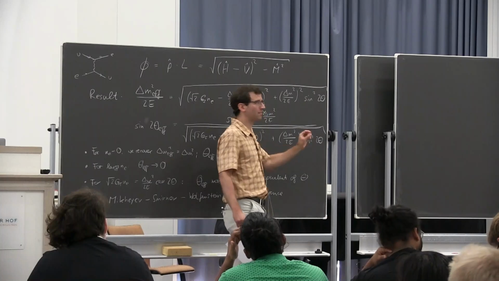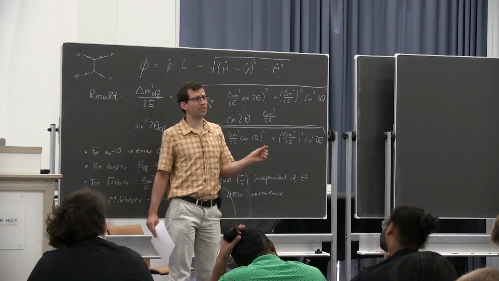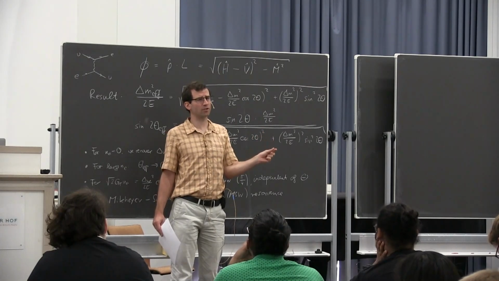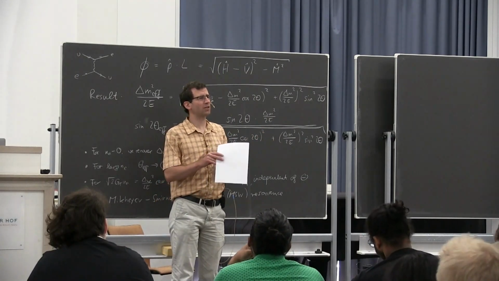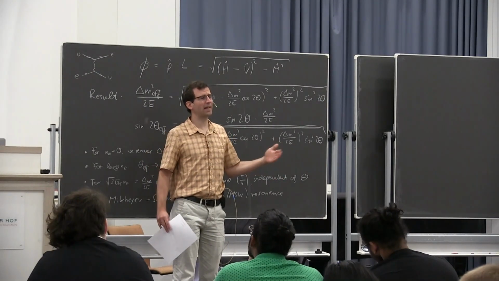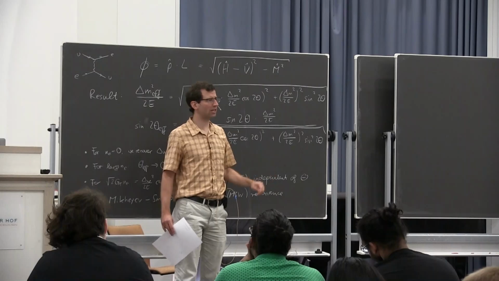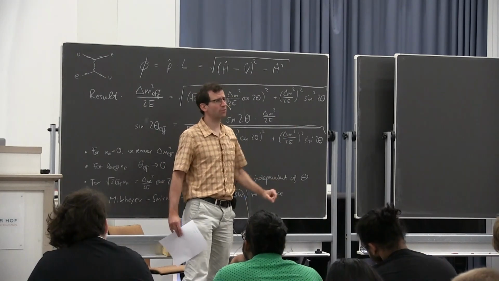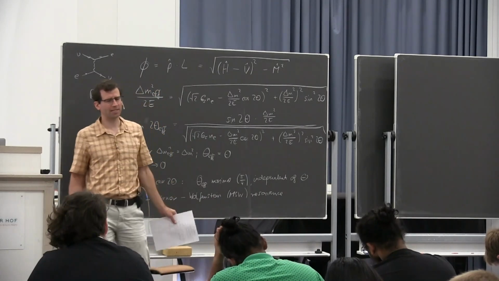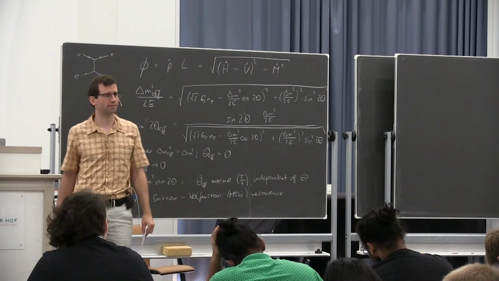So for small vacuum mixing angle, the width of the resonance becomes very small, so it affects only a very narrow range of neutrino energies. Now, if you imagine you have a neutrino flux with a broad spectrum, then this means that overall the impact of the resonance becomes smaller. But if you have really monochromatic neutrinos, then you can have results that are dramatically different in matter from vacuum.